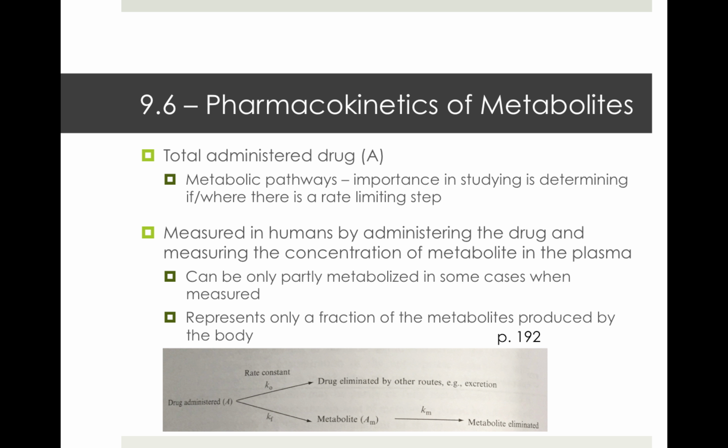And a good diagram of this is on page 192, and we can see down here on the left, this is the drug administered over here, and the rate constant. Sometimes the drug is eliminated by itself through other routes besides breaking down, like excretion and stuff that we've already talked about. And then other times the drug can be broken into a metabolite, and then this is eliminated from the body.